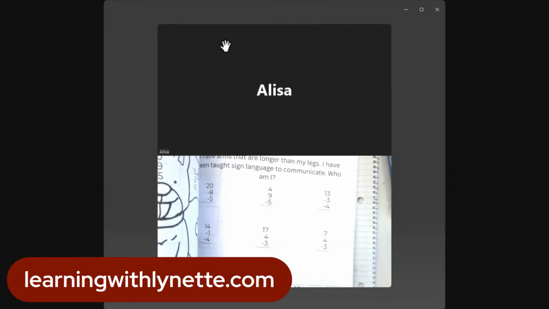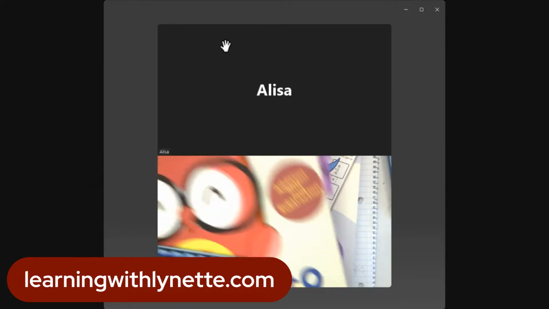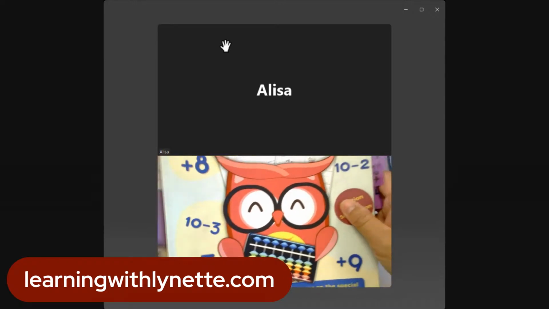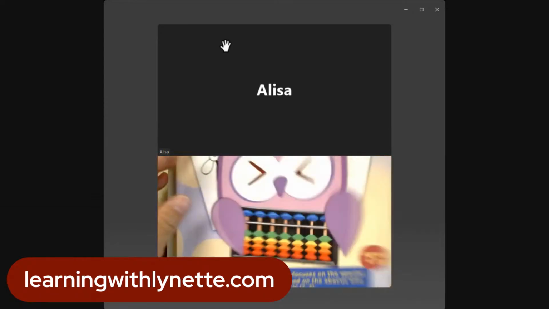No, this one's another one. Adding of the five has word problems. Subtracting the five I forgot, and then adding of the 10 I think I forgot. Oh no, I did add word problems.